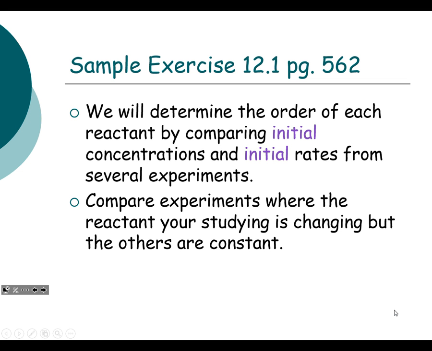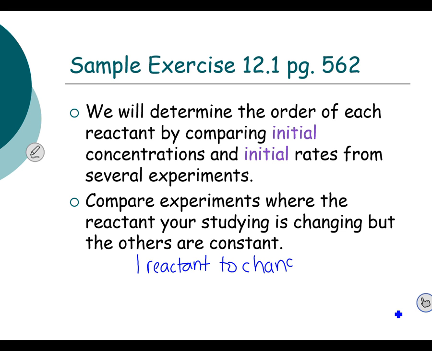The key to the method of initial rates is you want to compare 2 experiments where the reactant you're studying is changing, but every other thing is constant, not the rate, but all the other reactants are constant. So for the method of initial rates, you want one reactant to change and the other reactants constant.